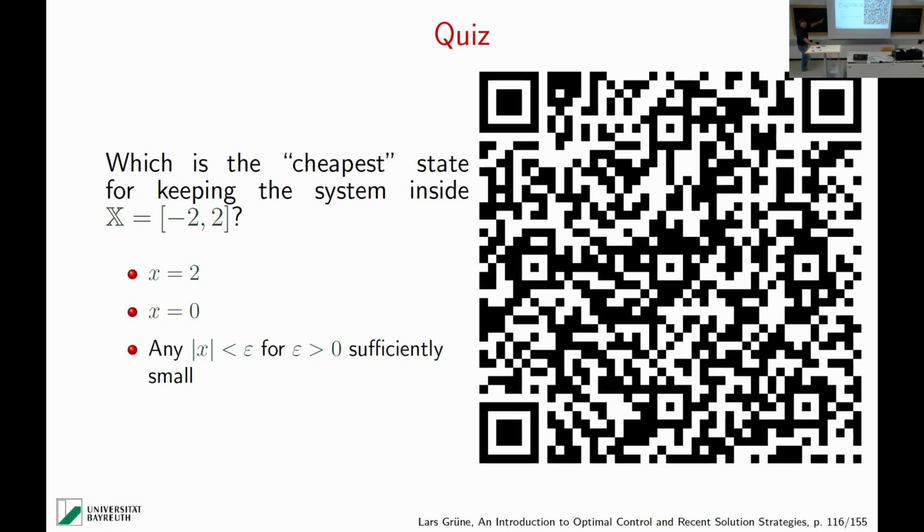Well, if you have no idea, then maybe you can just guess what might be the right answer. Please scan, and then we'll see what the majority thinks.